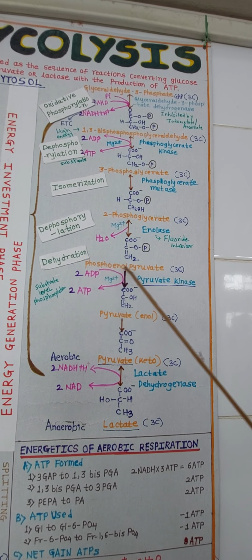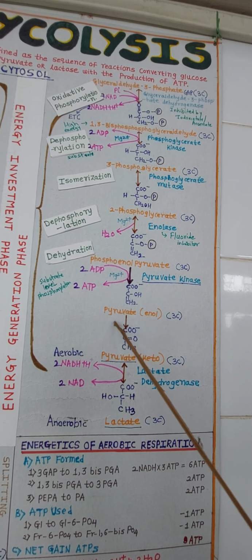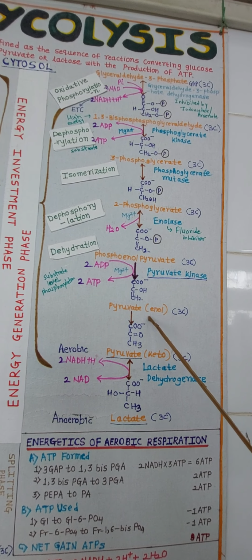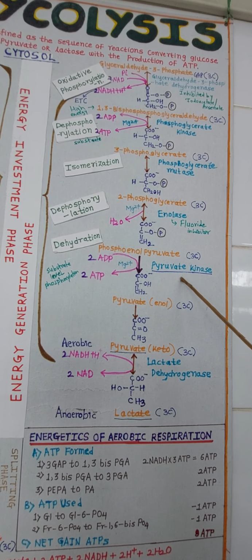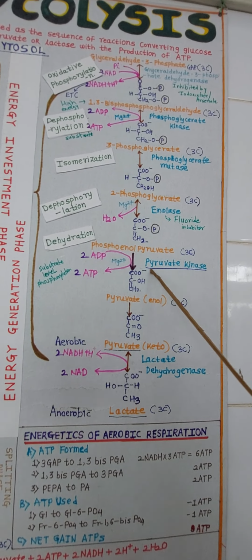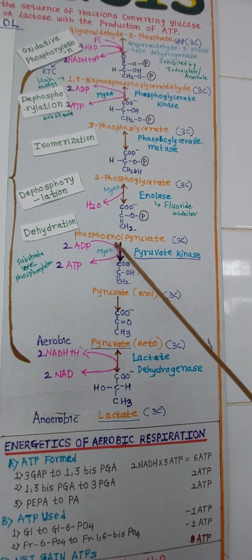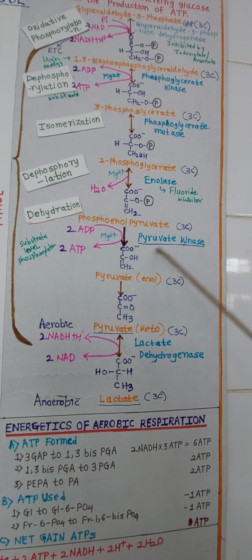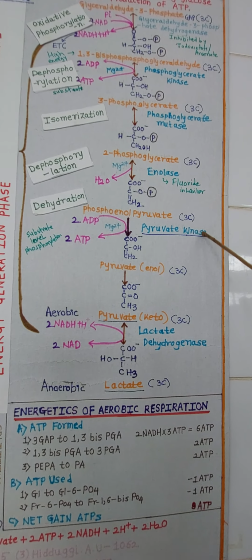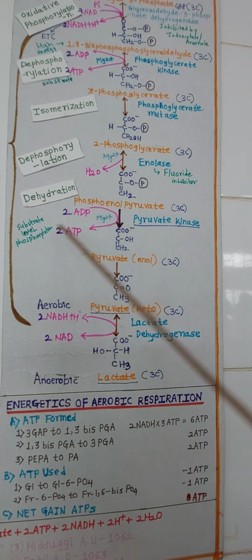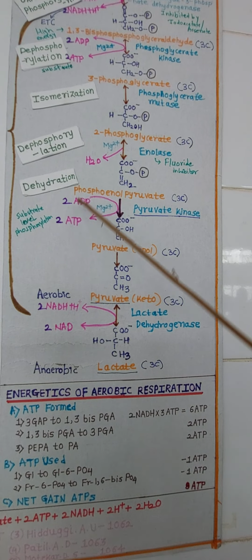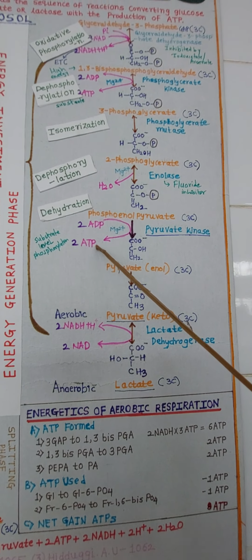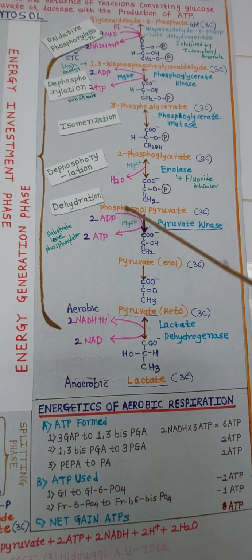Now that phosphoenol pyruvate is finally converted to pyruvate, and here the third irreversible step, that is pyruvate kinase, which causes the third irreversible or rate limiting step. Pyruvate kinase is again a substrate level phosphorylation, where again one more ATP is produced from the ADP.